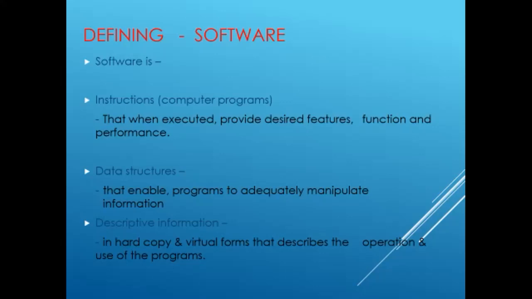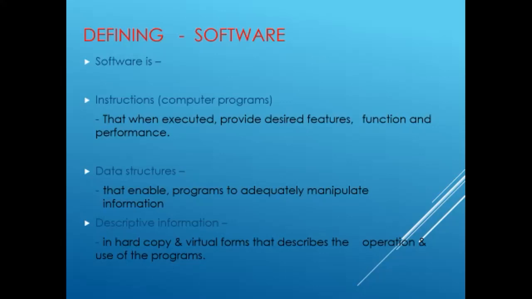That means, friends, software is a program. When it is executed, the associated functionality must be satisfied. That means software is a data structure used to manipulate the information. Software is a document used to maintain the operational guideline of the program.